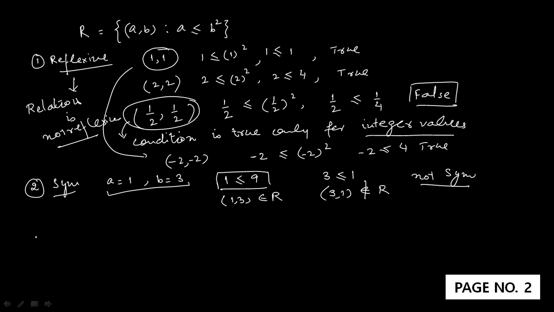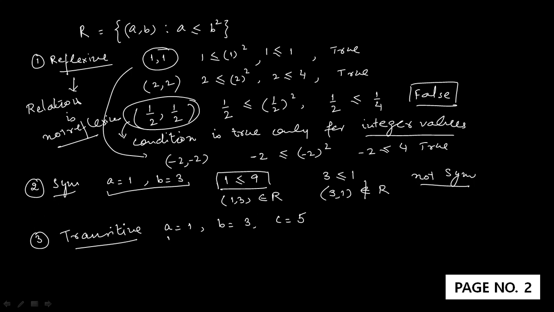What about the third condition? The third one is transitive. Now, I have to take three numbers. Let the first number be 1, the second number be 3, and the third number be 5.